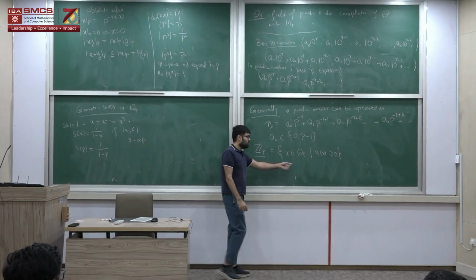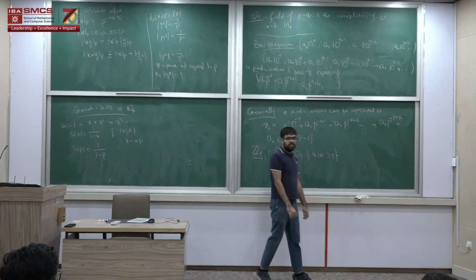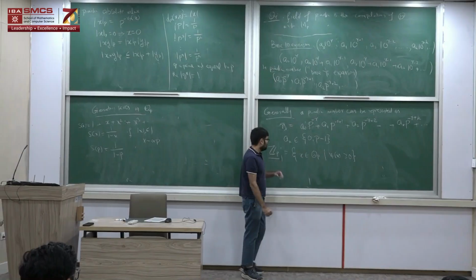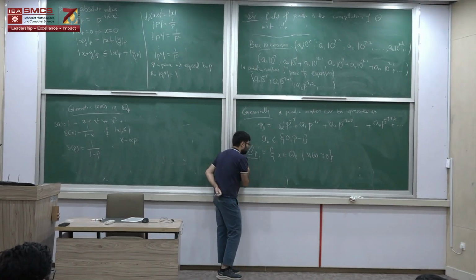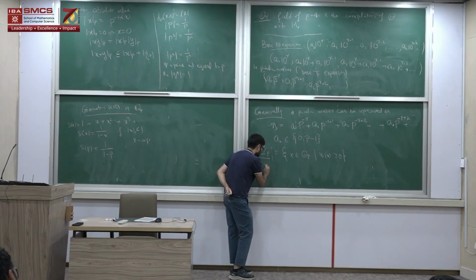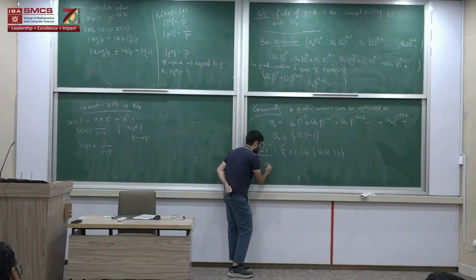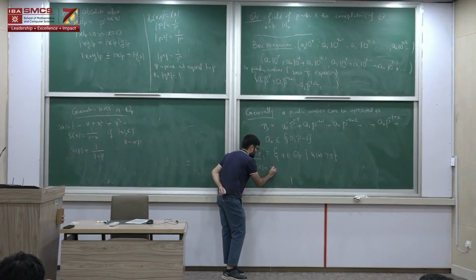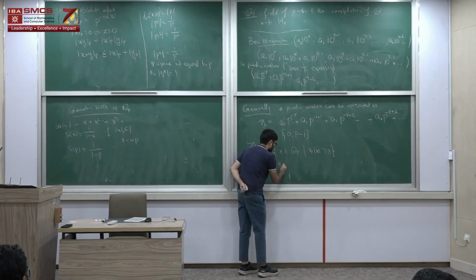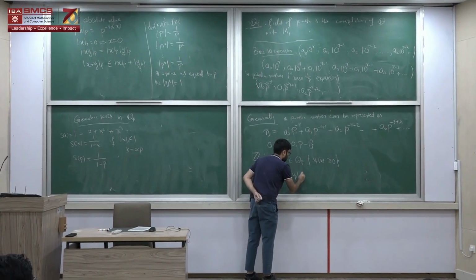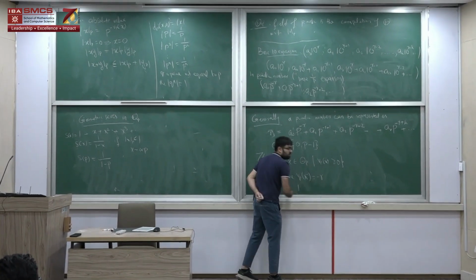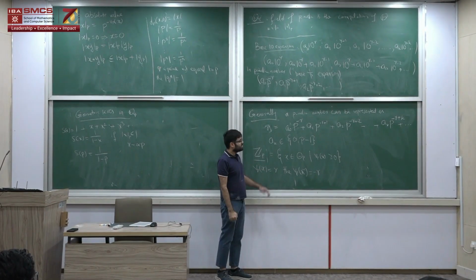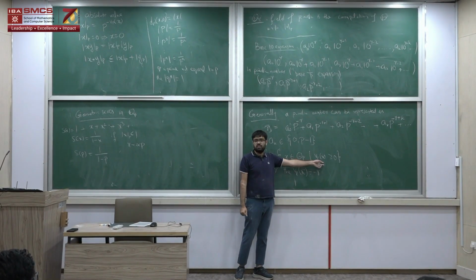And you can check that this set is closed under addition and multiplication. It is pretty easy to check. If v_p of x is r, then v_p of x inverse is minus r. There is a special case where this valuation is 0.